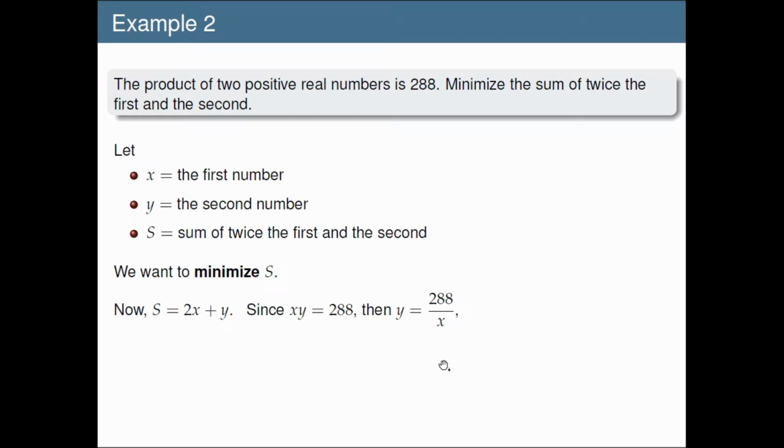Substitute natin yung 288 over x dun sa y dito. So we get s equals 2x plus 288 over x. So magiging s of x siya if we treat s as a function of x. This is also equal to 2x plus 288 x raised to negative 1.